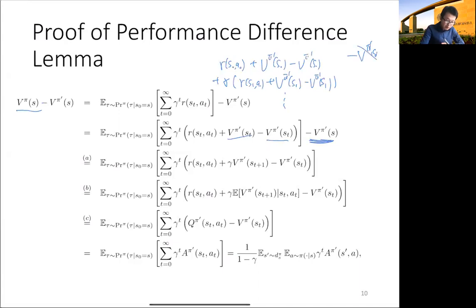out with this term. Okay, and then we can move this term together with a gamma factor to the previous line, right? By simply regrouping this and then telescoping, the first line becomes R(S0, A0) plus γ V^π'(S1), right?